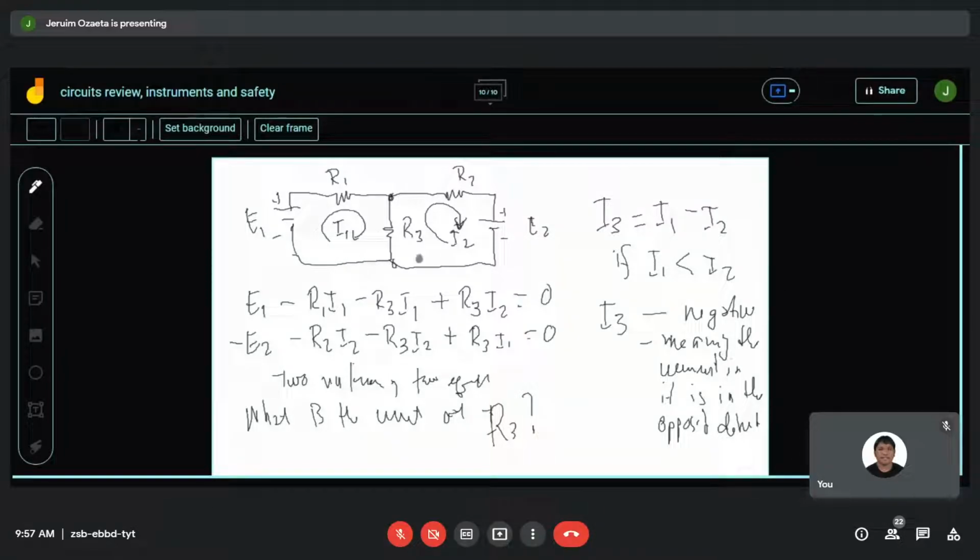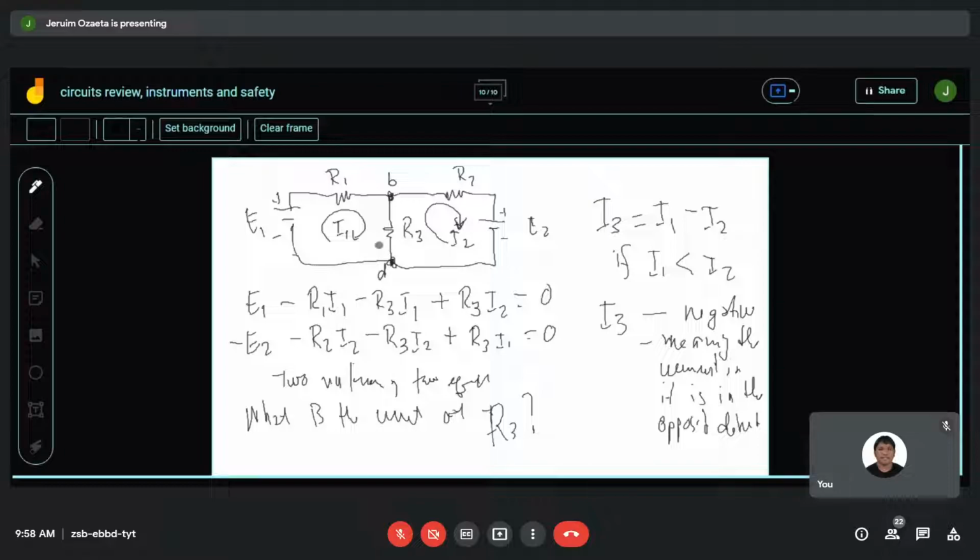If the current of I sub 2 is higher than I sub 1, actually the current I sub 3 is from node D to B. Of course, the potential drops here because I sub 1 is lower and I sub 2 is higher, so the potential goes up. The actual current will be going in that direction. This is the dominating current.